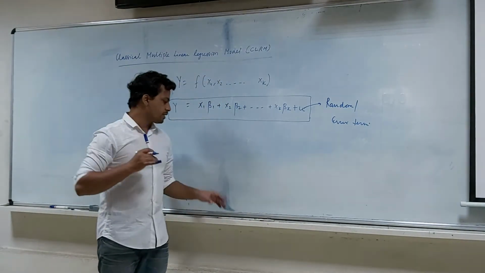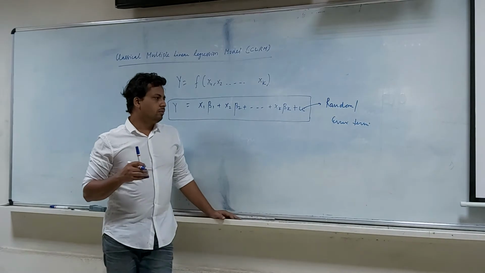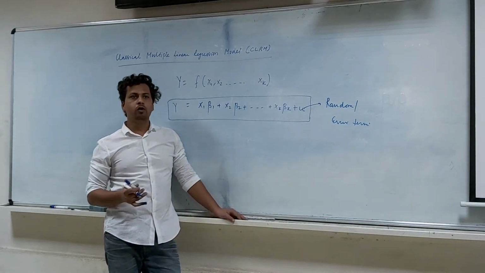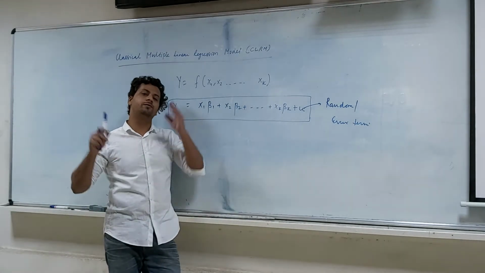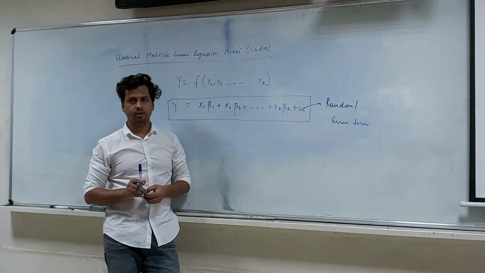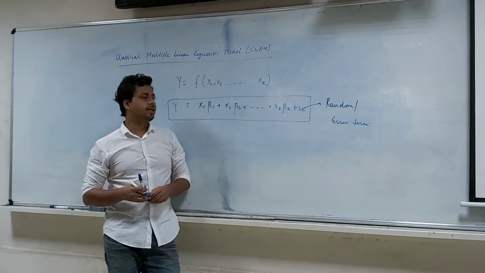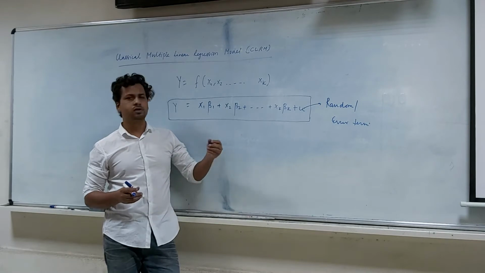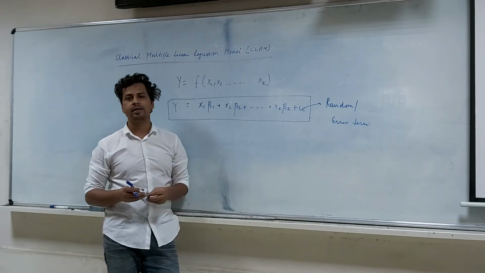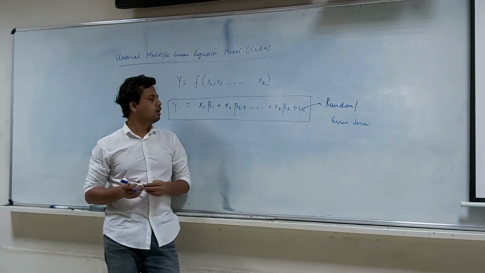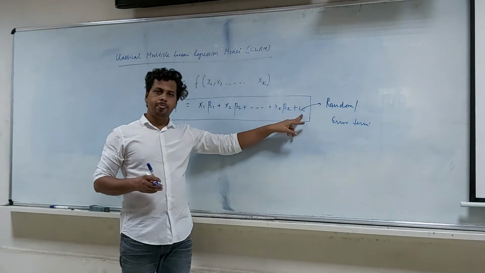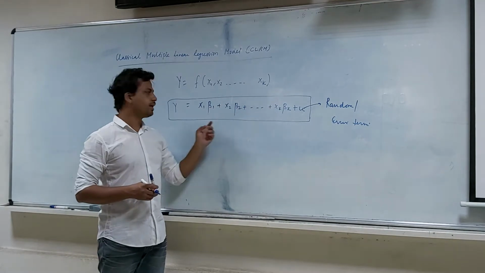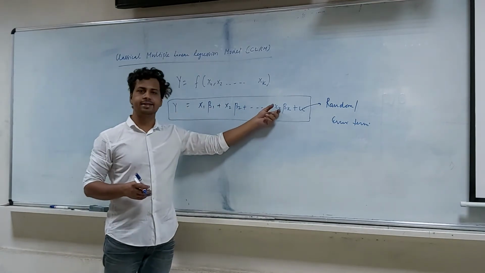No matter how much you elaborate your theory, you will not be able to include all the explanatory variables in the model, right? Second, there are errors of measurement in economic variables, and one of the most important contributors to this random term is errors of measurement. So this u disturbs an otherwise precise mathematical relation between y and all these x's.